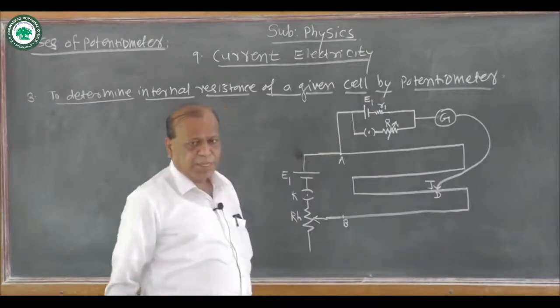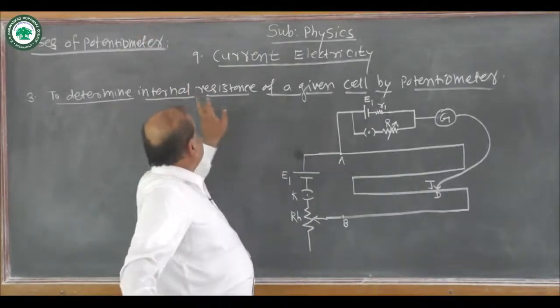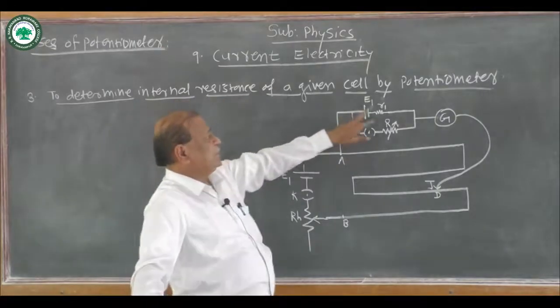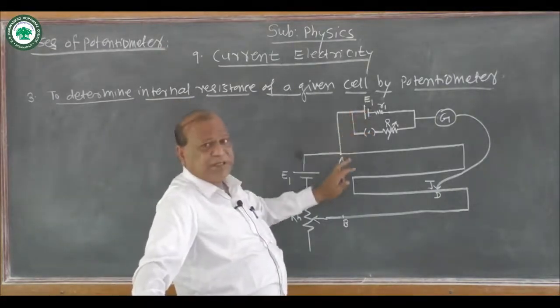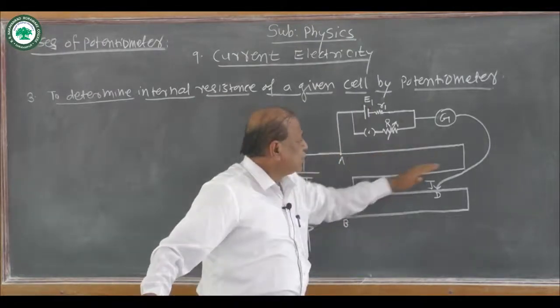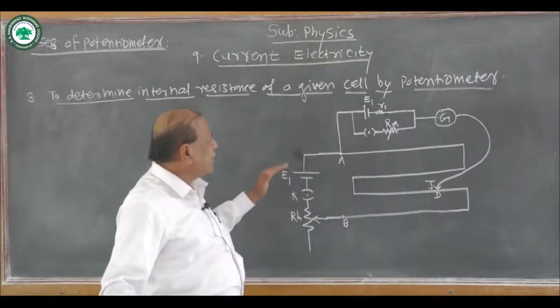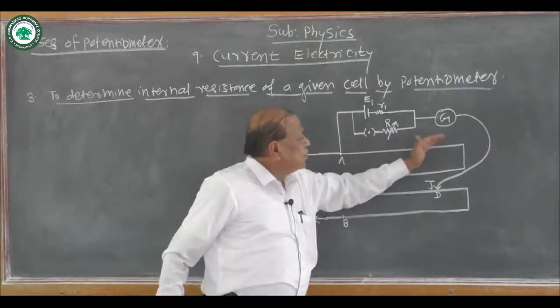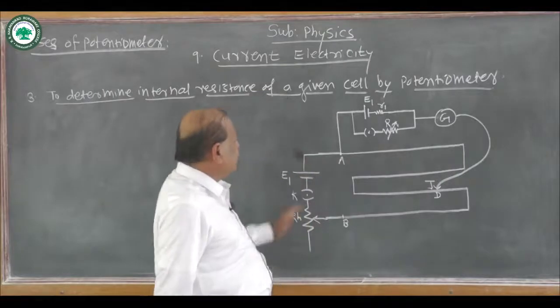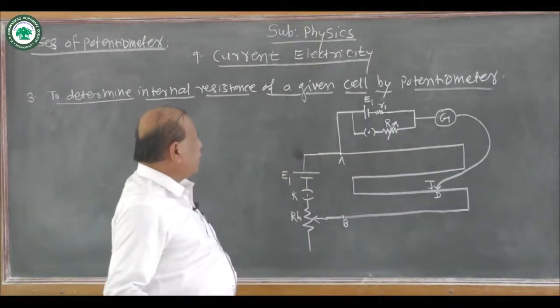Now here we have to determine the internal resistance, meaning this r1 of this cell E1, using potentiometer. This is the potentiometer wire. AB is the potentiometer uniform conducting wire stretched on a wooden board with a number of segments, about 1 meter long.